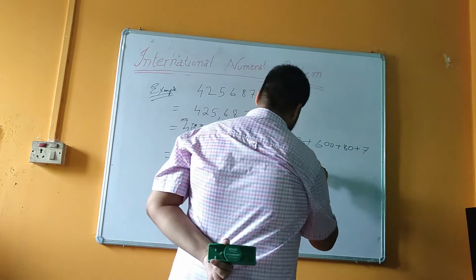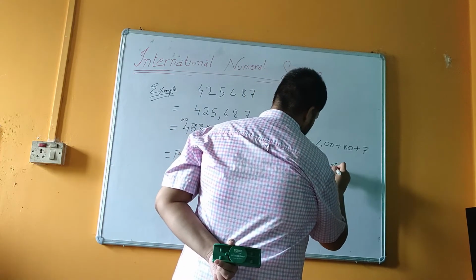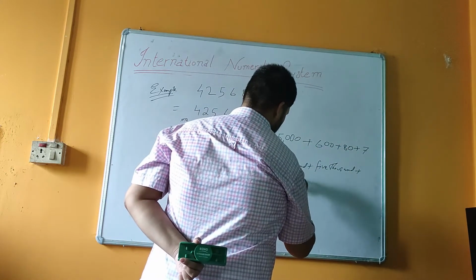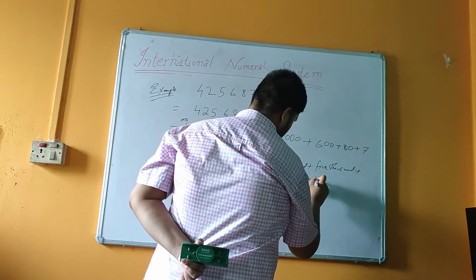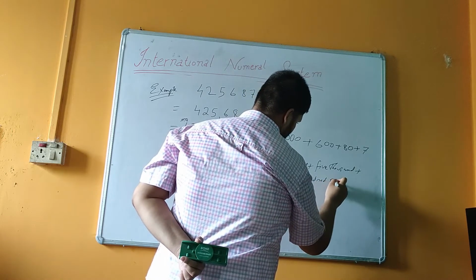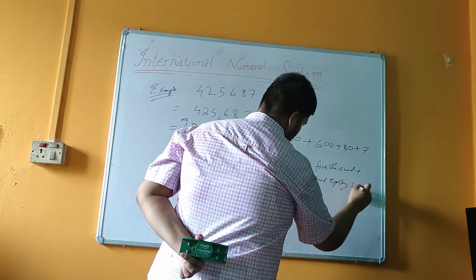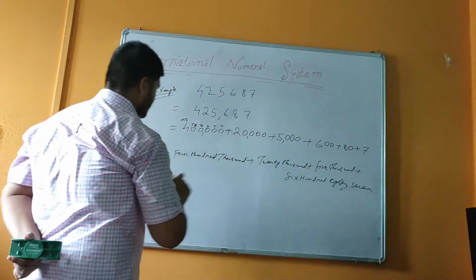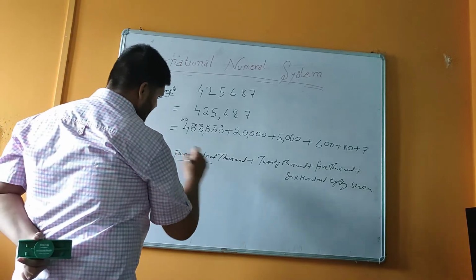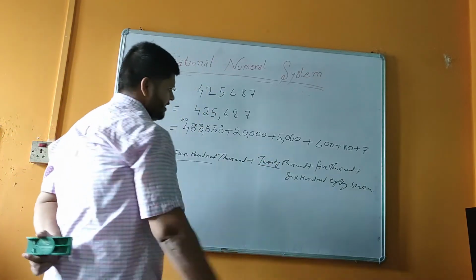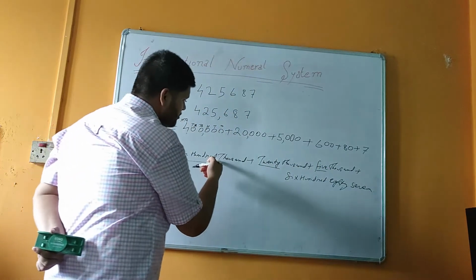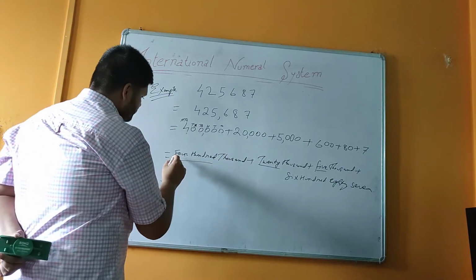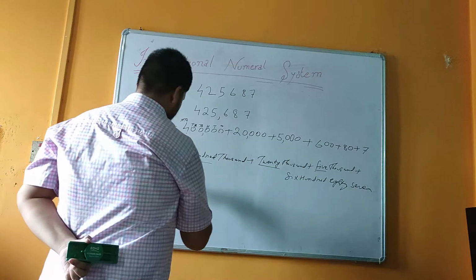This is 5,000. This is 687. Okay. All the 1000 places we are going to add up together. Here it is 400, here it is 20, and here it is 5. Everywhere you see 1000 is common, so we will add the prefix values.